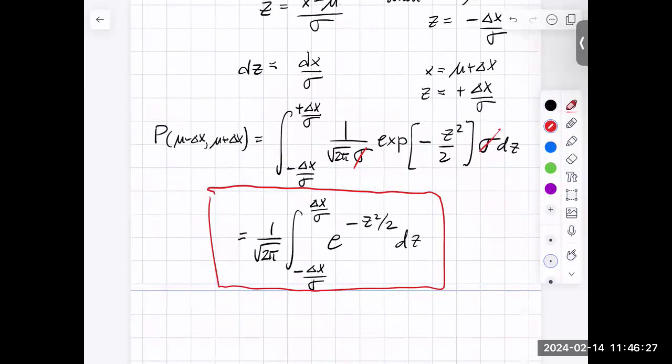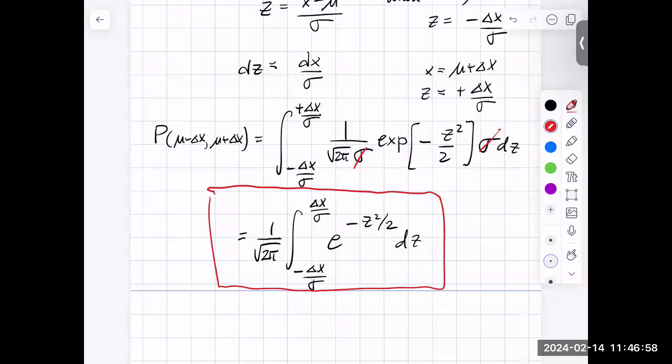You may remember that if you were to set your limits to plus minus infinity, have you seen the Gaussian integral? So what is the integral of this thing if this is minus infinity to plus infinity? Something to do with pi. Yeah, it's just square root 2 pi. It would have to be, because that would essentially be asking, what is the probability that your measurement falls between plus minus infinity?